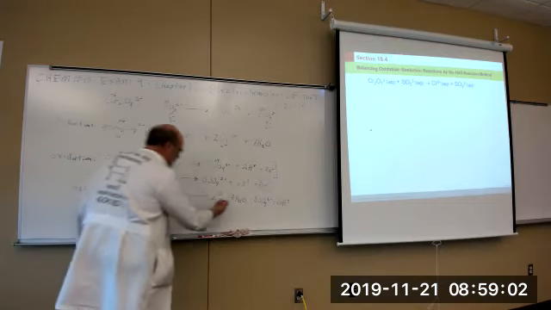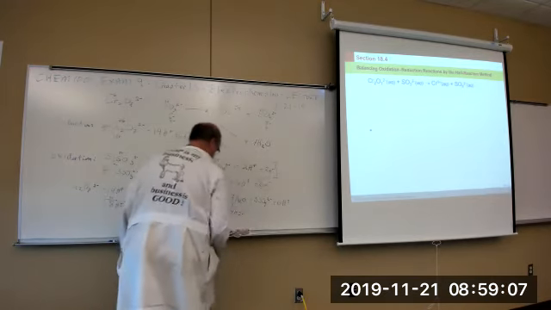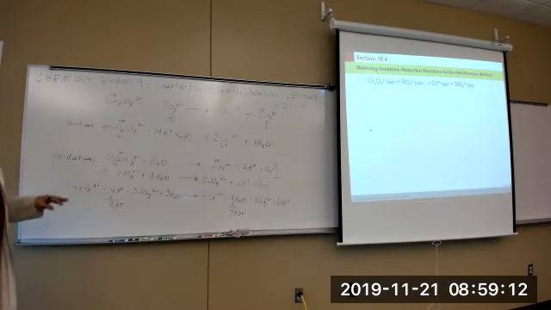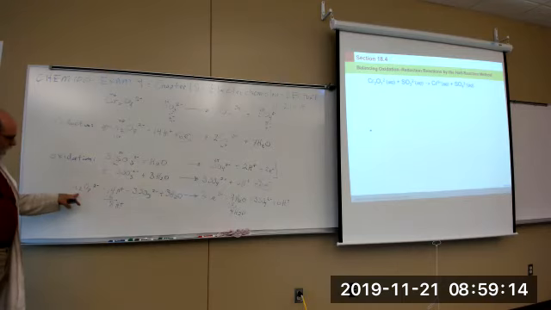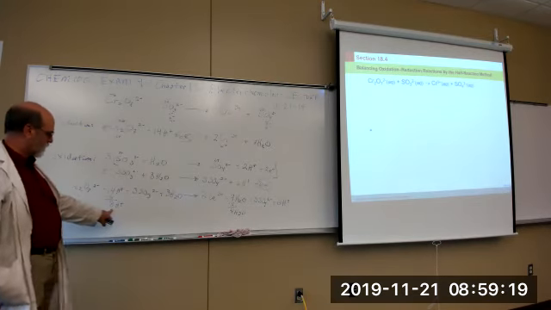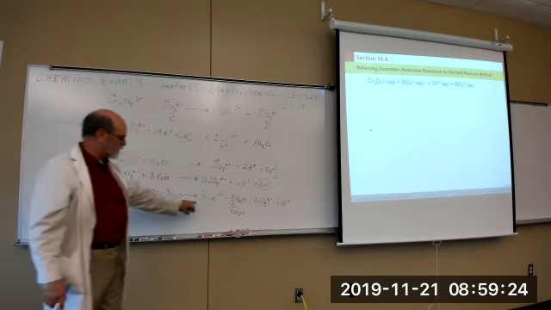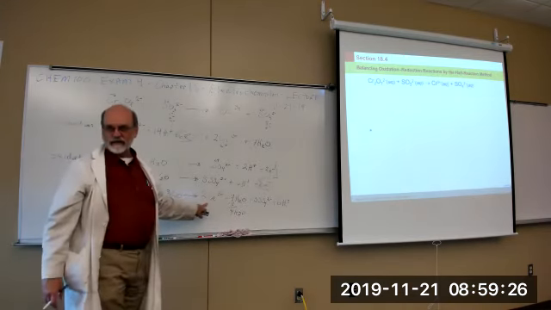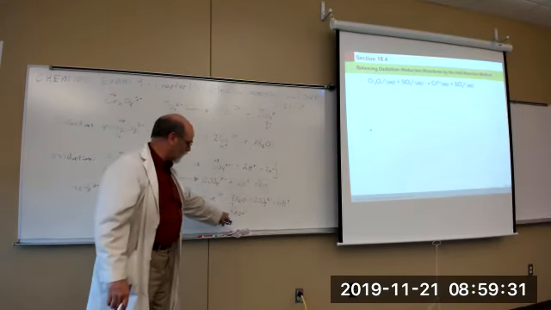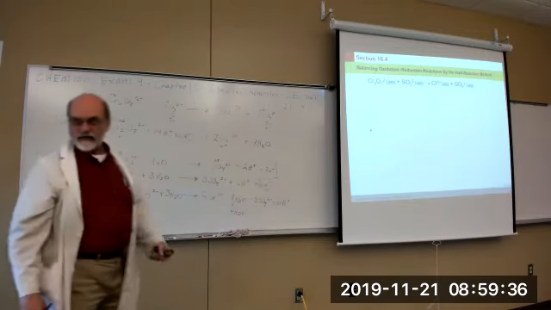So these 3 go out, and that leaves us with 4 waters on this side. So our reaction is going to be balanced. Now it's balanced. 1 dichromate plus 8 protons plus 3 sulfite ions yields 2 chromium-3 ions plus 4 waters plus 3 sulfate ions. That's our balanced equation.